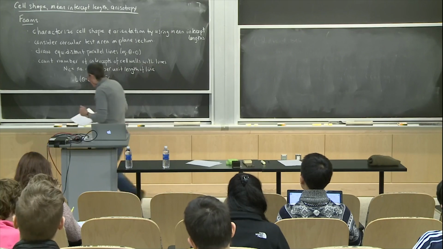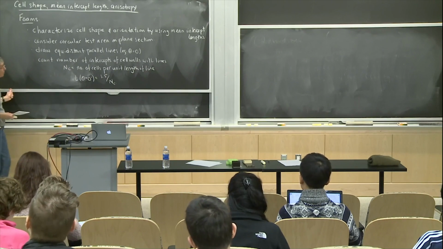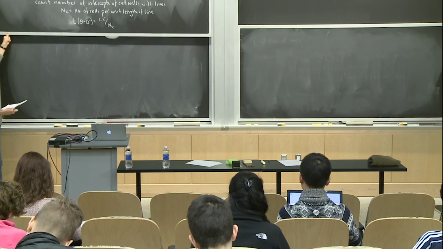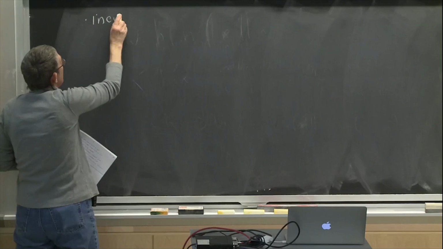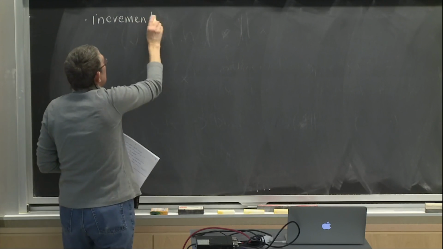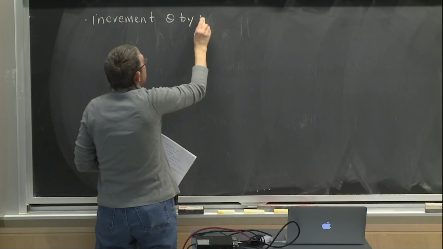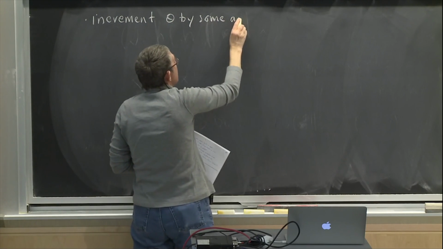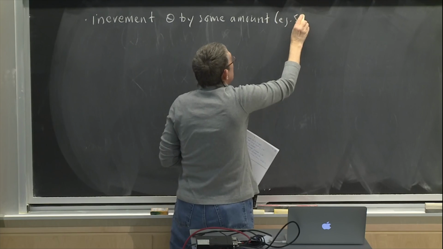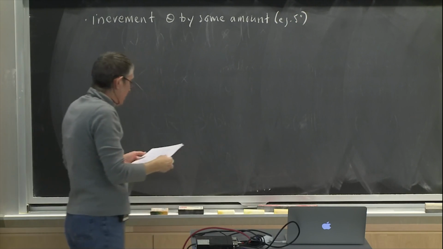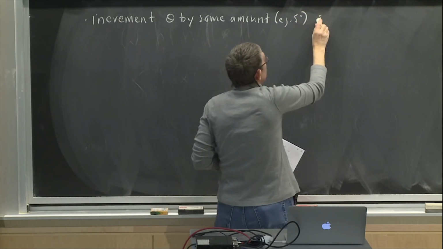Then you just repeat that process for different increments of theta. You increment theta by some amount, something like, say, 5 degrees, and repeat that whole process.